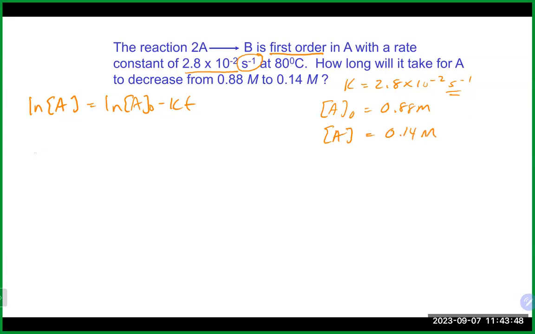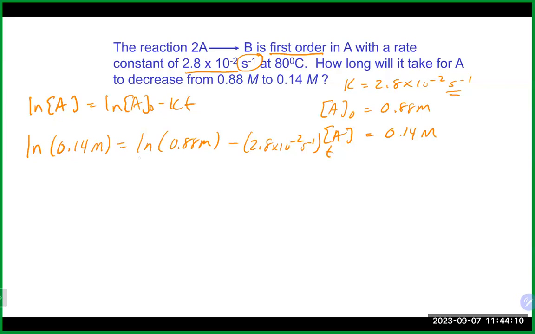So we'll go with natural log of 0.14 equals the natural log of 0.88 minus k, which is 2.8 times 10 to the minus 2 reciprocal seconds, and our time. So we're going to clean this up.